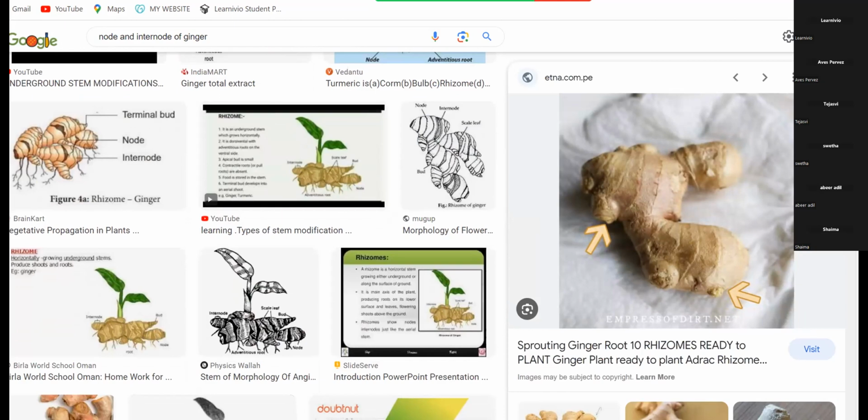So we can say that similarly, the bulbils of agave. There are so many vegetative parts of different plants that have the capability to give rise to new plants.